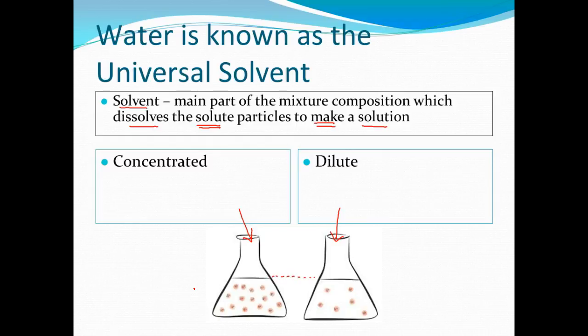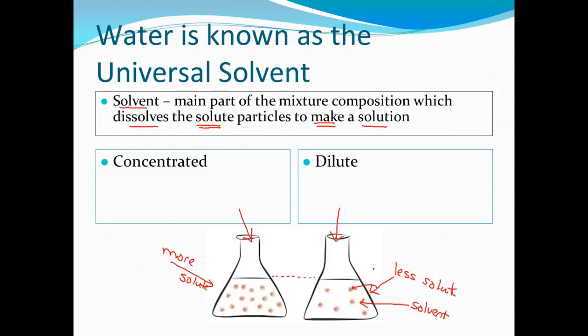Therefore, when we look at them, we can see that this one has more solute in it, meaning more dots, and this one has less solute in it, being less dots. The empty space here is considered the solvent, and then these dots are actually the solute in there.